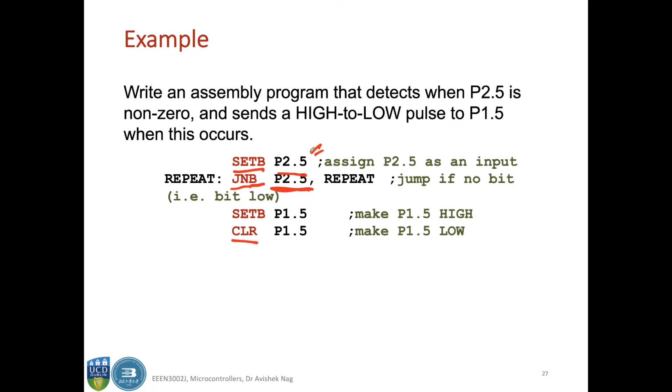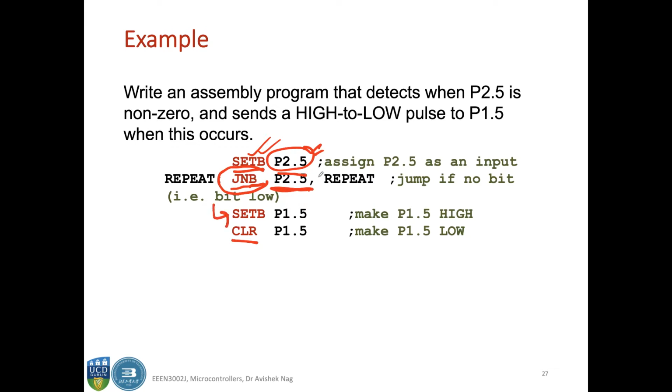So 2.5 is first configured as an input port by setting it to high, and then whatever input is placed there has to be read. The code wants you to detect a non-zero, so that's why it is constantly monitoring using this JNB instruction. Whenever it is non-zero, it will jump to the next line.